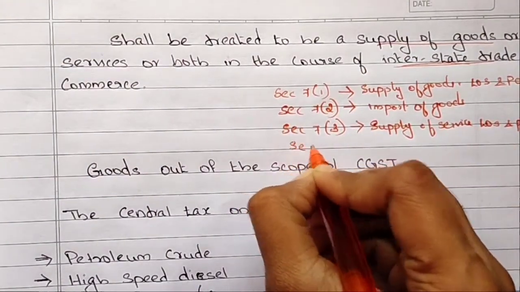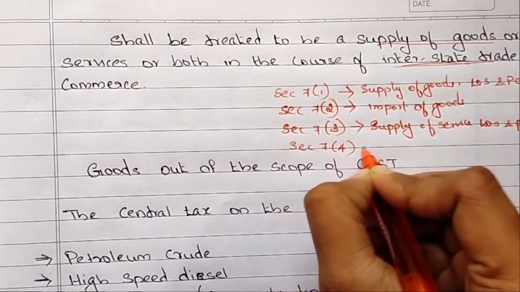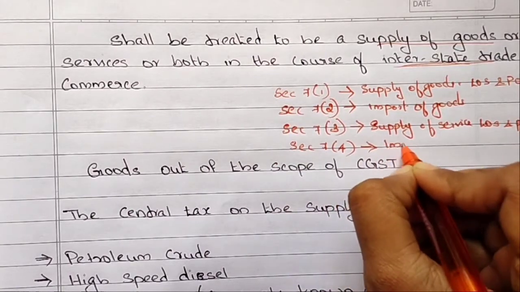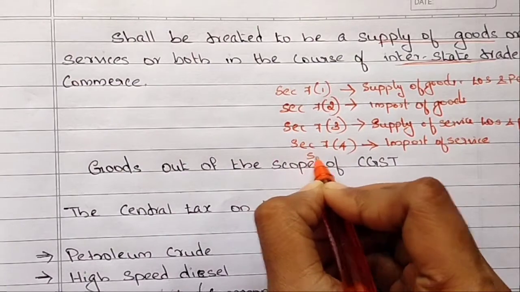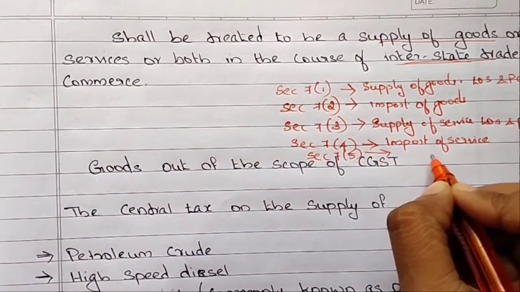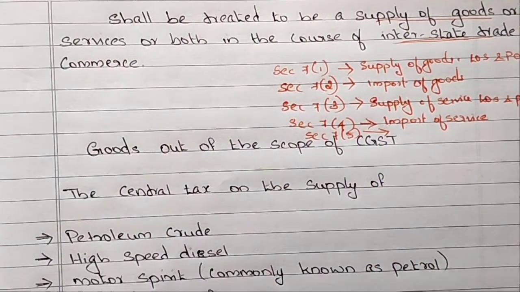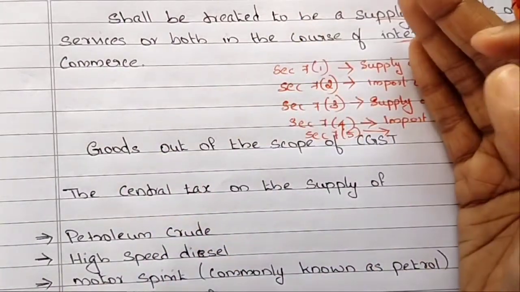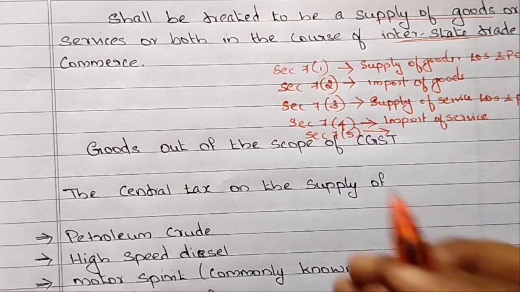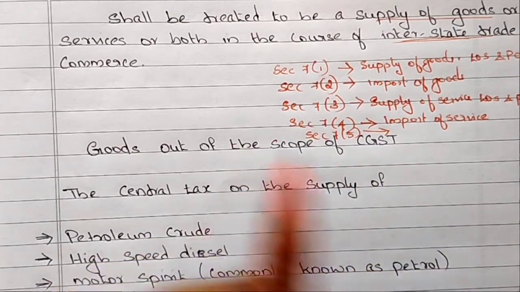Then section 7 subsection 4 states the import of service is also treated as interstate supply. Then section 7 subsection 5 states three things. First one is the supplier is located in India and the place of supply is outside India.